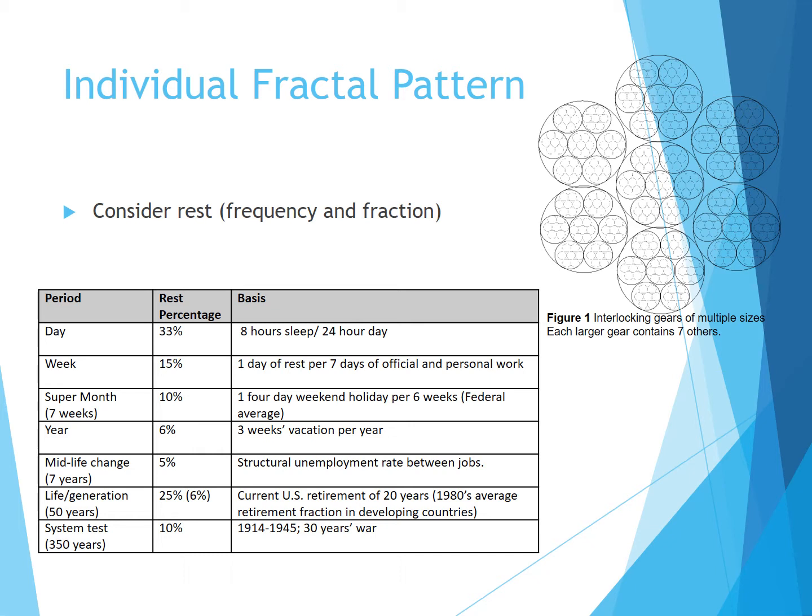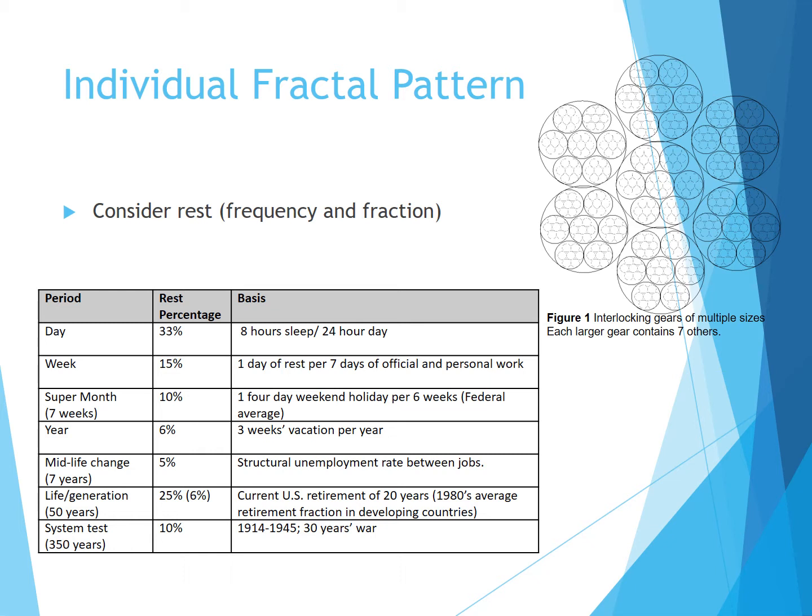Then we look at what I call a super month, a little bit between a season and a month, and that's 7 weeks. It's on the order of a holiday. So about 7 of these within a year, about 7 different holidays. That's kind of the federal average. So that's about 10% rest.